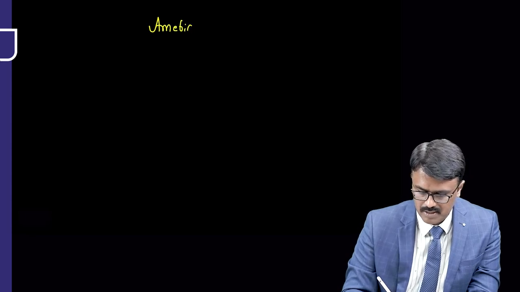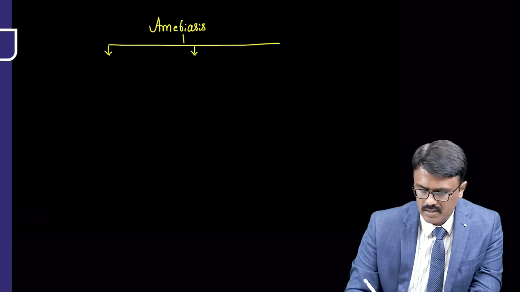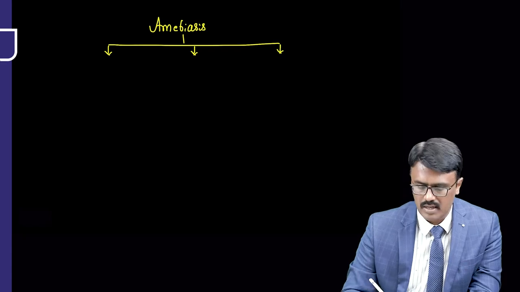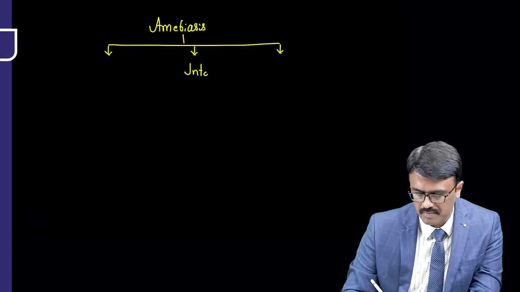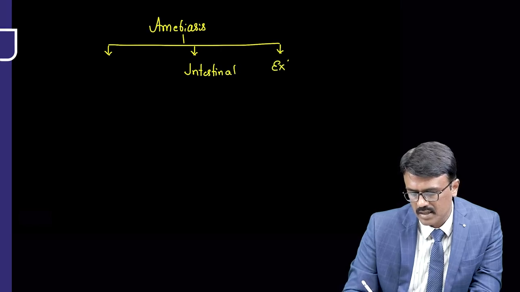Now let us take specific protozoa and discuss. Let us discuss the management of amoebiasis. Amoebiasis is caused by Entamoeba histolytica, a very common infection. There are two important strategies to manage it: intestinal amoebiasis and extraintestinal.